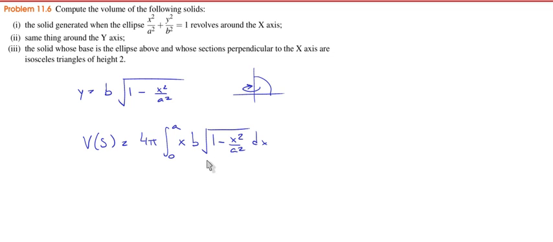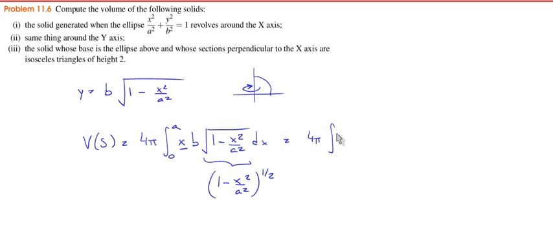Okay, now we can write this as 1 minus x squared over a squared to the 1/2, and so the integral of this is something like the derivative of this, with a minus on top. So we can say this is 4 pi, and if we differentiate this, we have minus 2x over a squared.